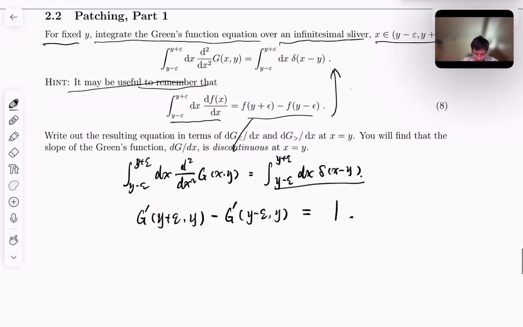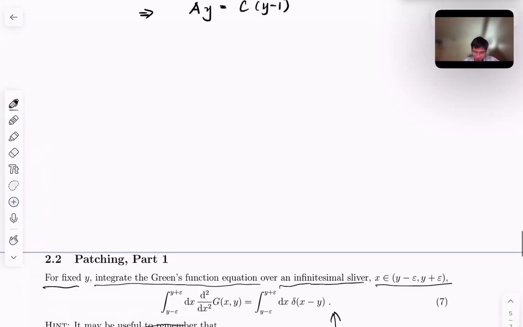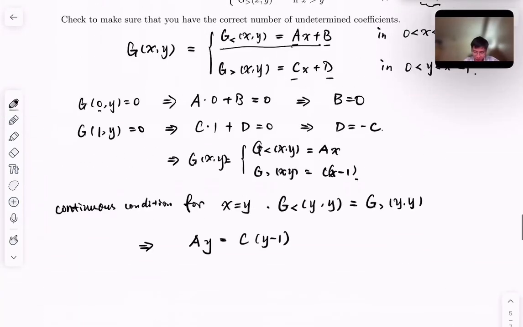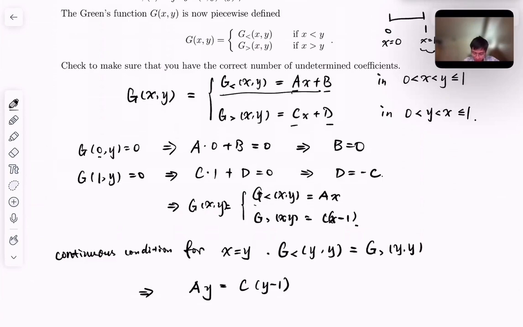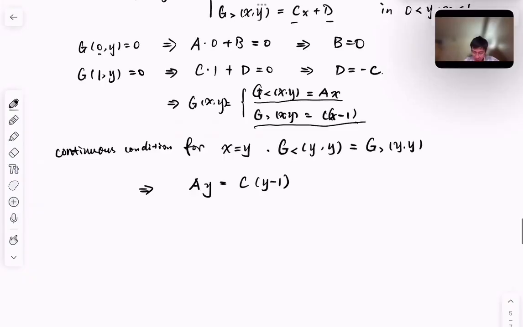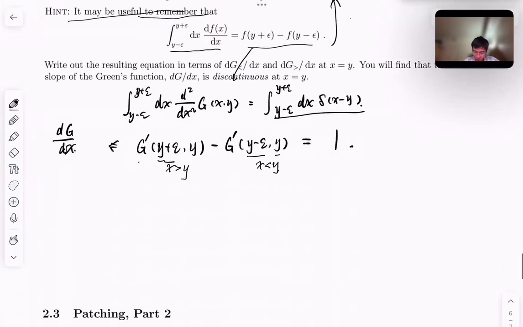So this is dG/dx evaluated at y plus epsilon, for x larger than y, minus at y minus epsilon, for x less than y. Recall the solutions in section 2.1: G less than is ax, and G larger than is cx minus c, and we print that here.